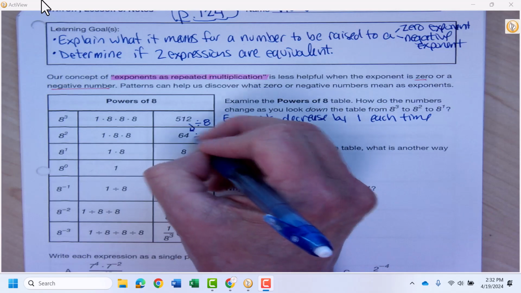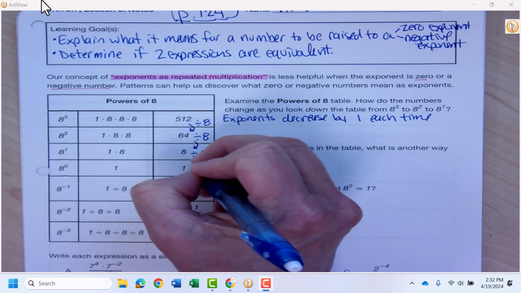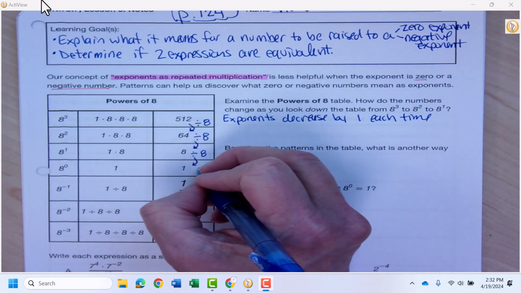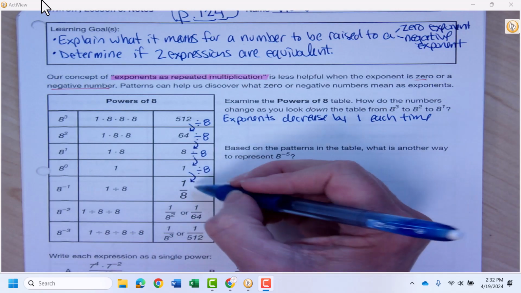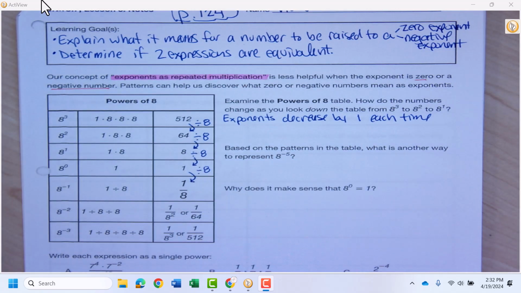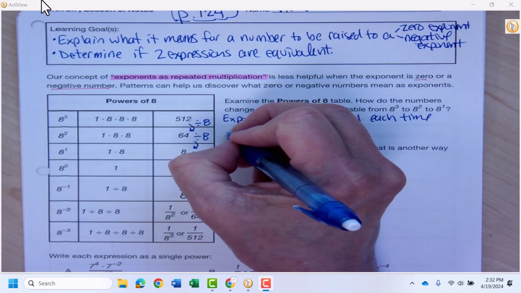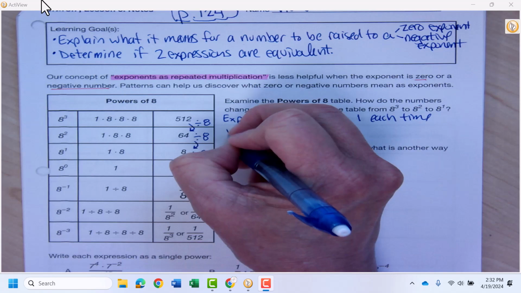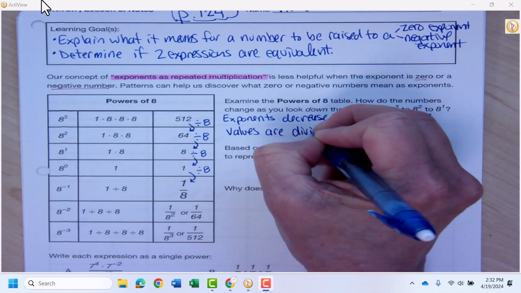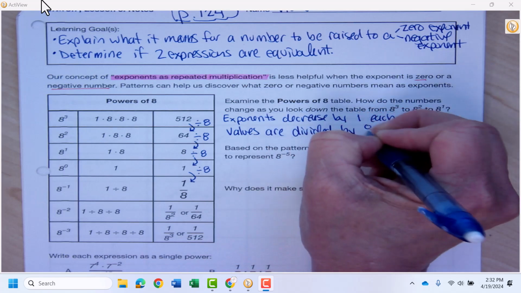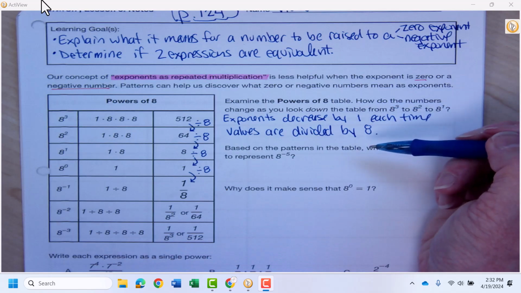So, for example, 64 divided by 8 gives me 8. 8 divided by 8 gives me 1. 1 divided by 8 gives me 1/8. And all of these, I'm going to continue to divide by 8. Values are divided by 8 as we look down the table.